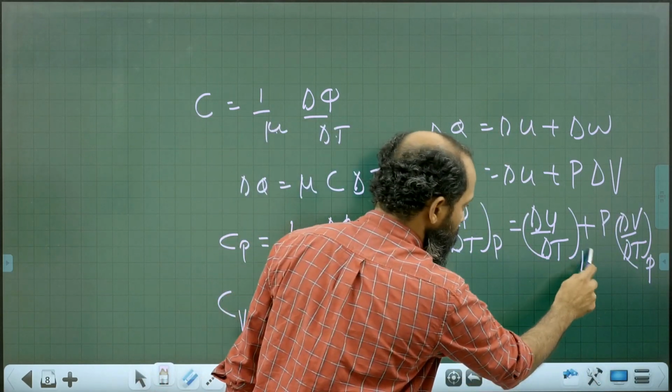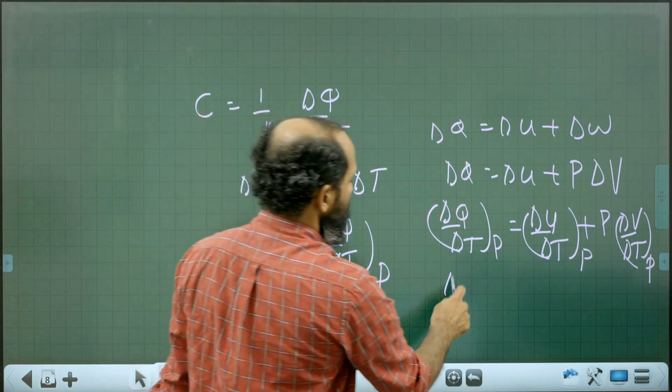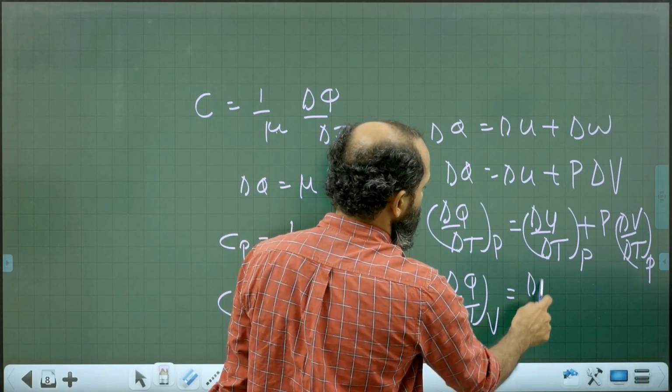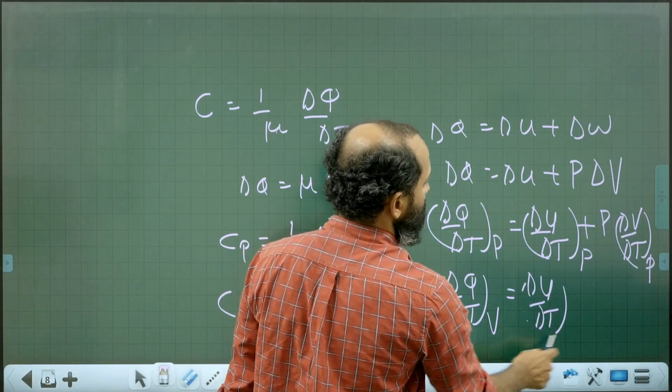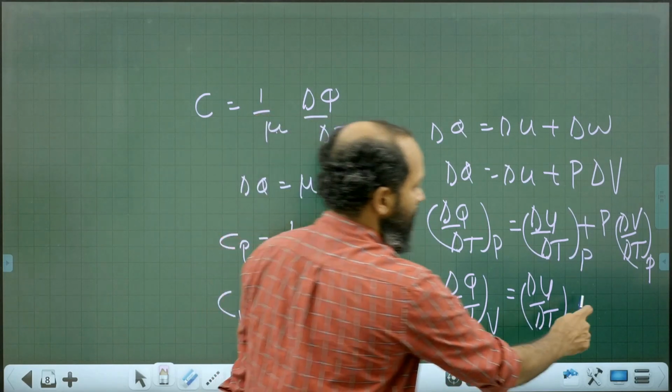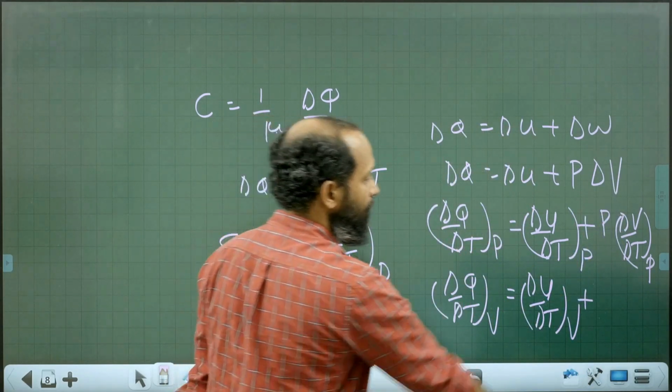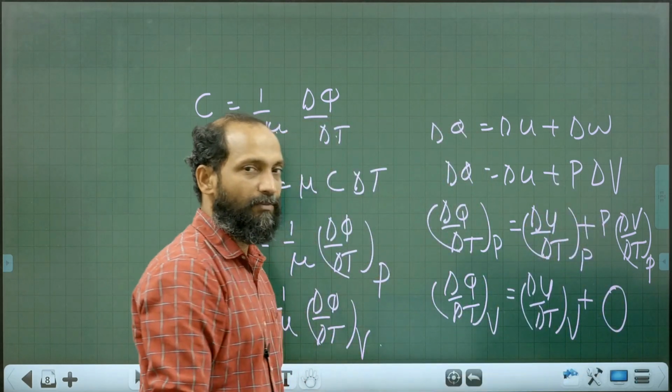Here also you can keep the suffix pressure. Delta Q by delta T at constant volume equals delta U by delta T at constant volume plus P delta V by delta T at constant volume, which becomes 0. At constant volume delta V is 0.